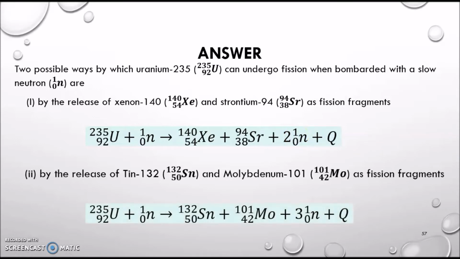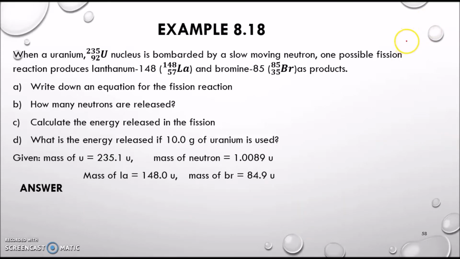Second one, when uranium is bombarded with a neutron particle, it will release tin, molybdenum, and 3 neutron particles plus energy. Okay, so to make the equation balance, there will be 3 neutron particles released during this reaction. So for the first equation, there will be 2 neutron particles released, and for the second equation, there will be 3 neutron particles released.